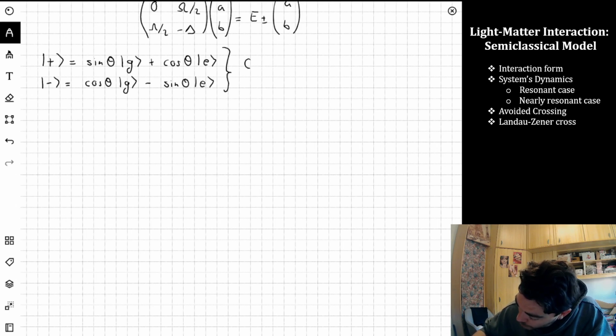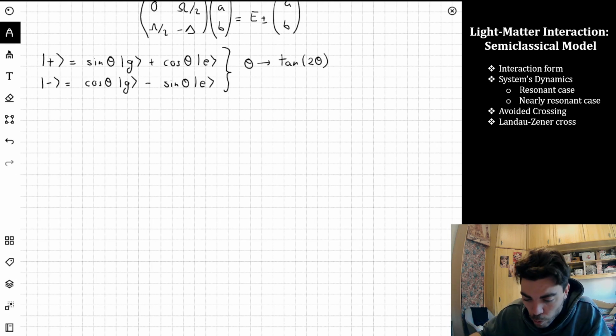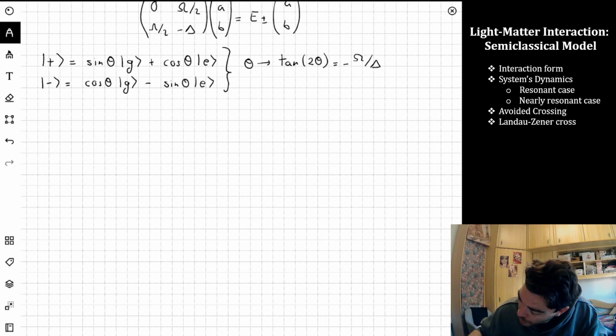And now this angle is defined such that the tangent of this angle twice is equal to minus omega divided by delta. And this angle is defined between 0 and pi over 2.